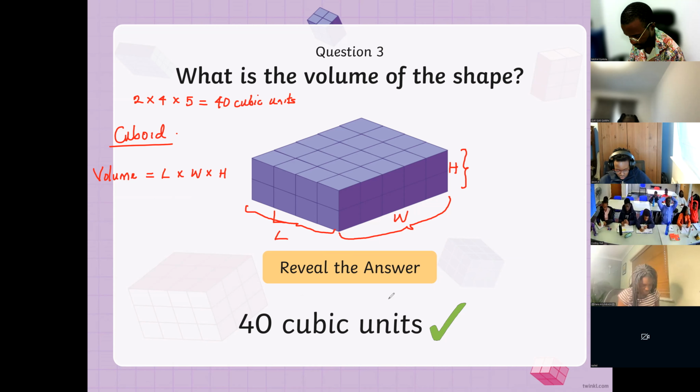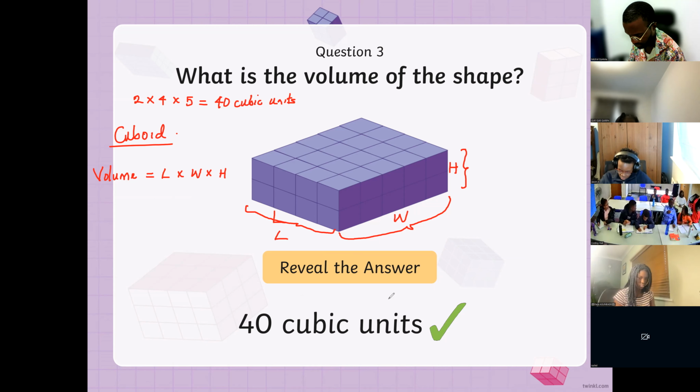The length and the width are on the same level. The length is only 4 and the width is only 5. The height is 2.